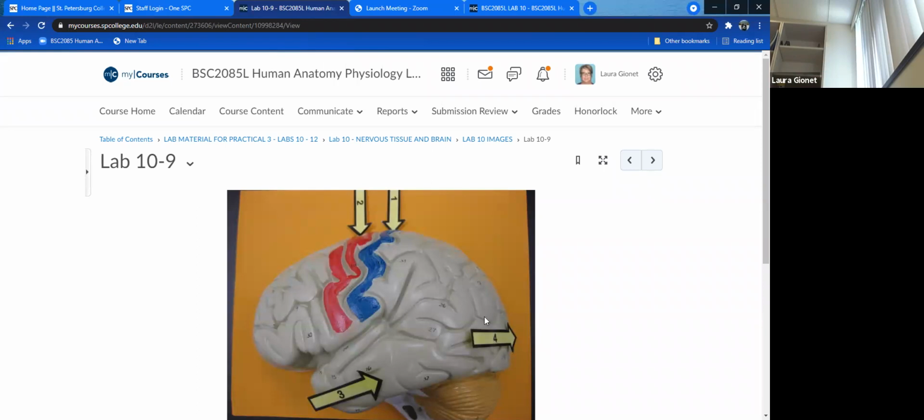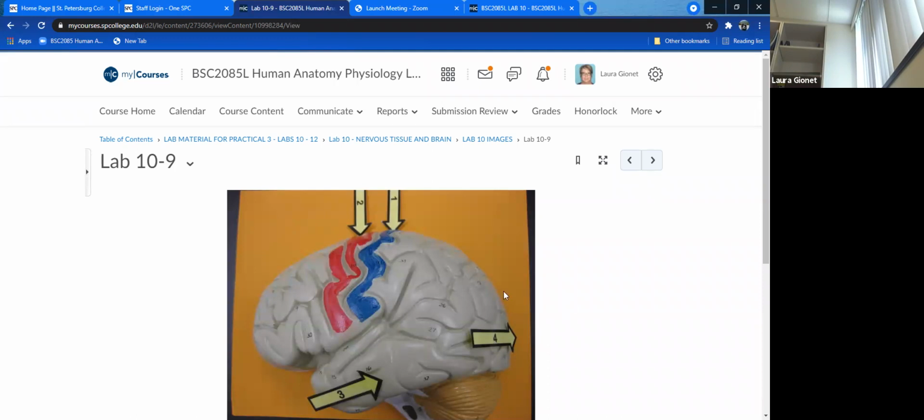So you just have to know those 4 lobes, but you should know what functional areas are found on those lobes. That's part of the exercise, I believe it's exercise 5, where we talked about the functional cortex areas on the lobe and what those areas function as.